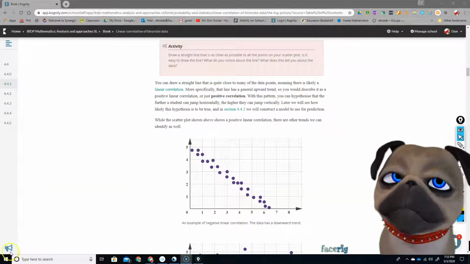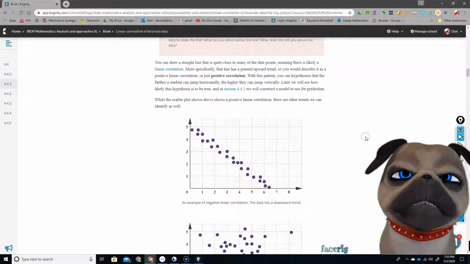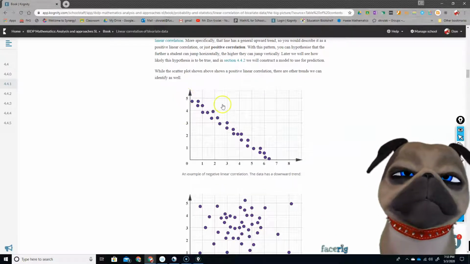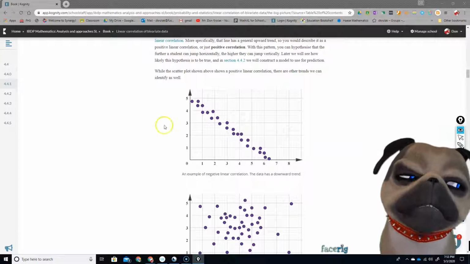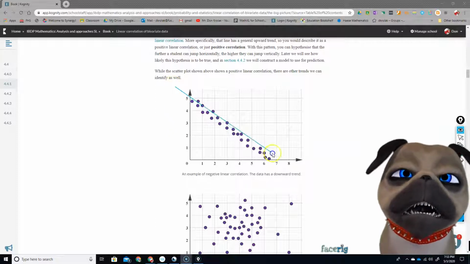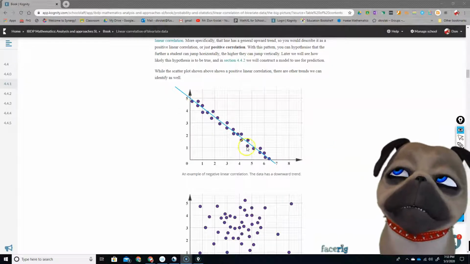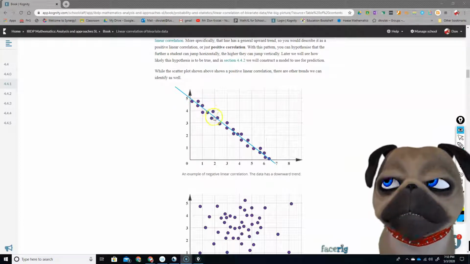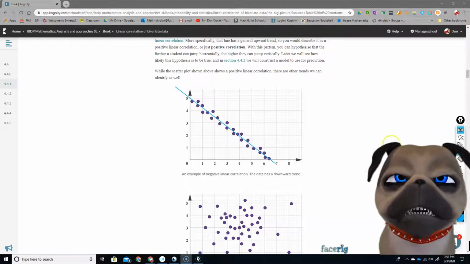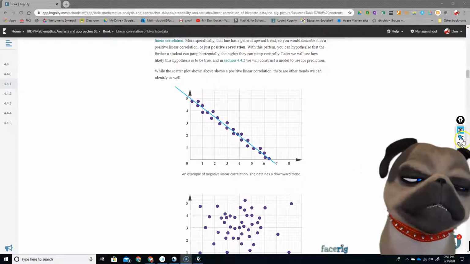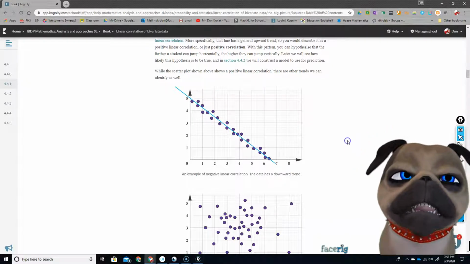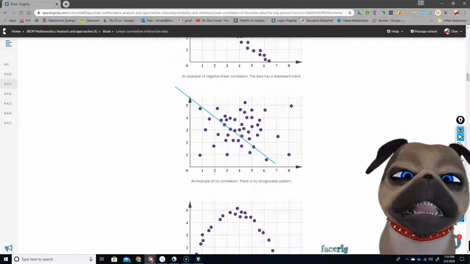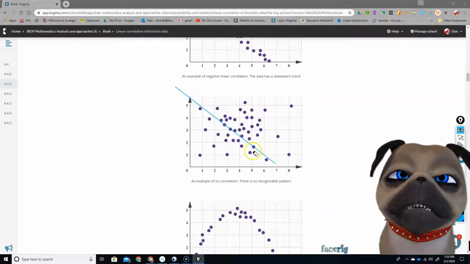So the correlations I just described are shown right here. This would be an example of a negative correlation. As X gets larger, Y gets smaller. And that's a fairly strong correlation because these points are fairly close to this line. If we look at the next one below, this would be an example of no correlation.